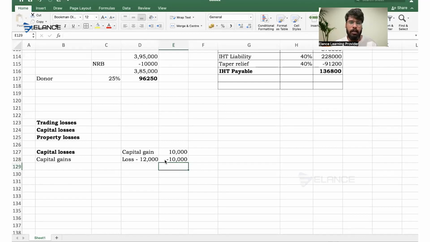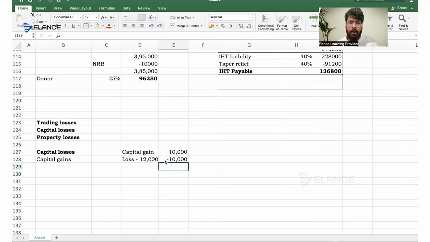So in this particular period, my capital gain in the basic pro forma will be zero. Actually my company had a gain of 10,000 and it was covered under the capital loss, so I don't need to pay any tax on this gain in this current accounting period. Still, there's an unrelieved loss of 2,000, and the remaining 2,000 loss I can carry forward to the future.